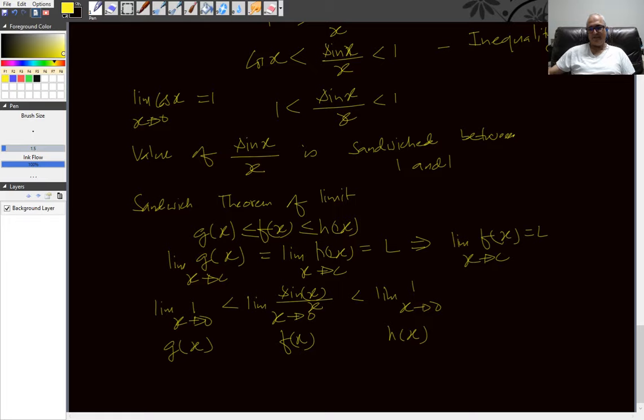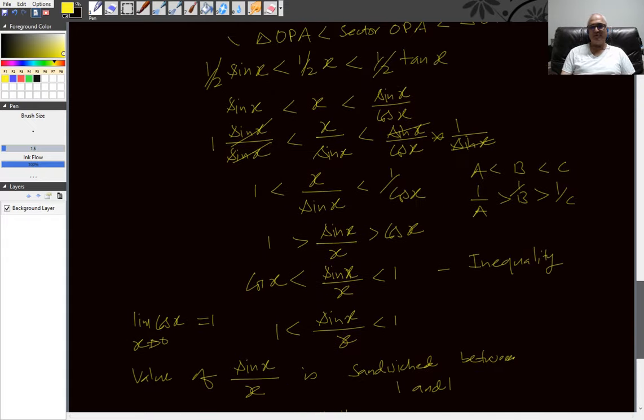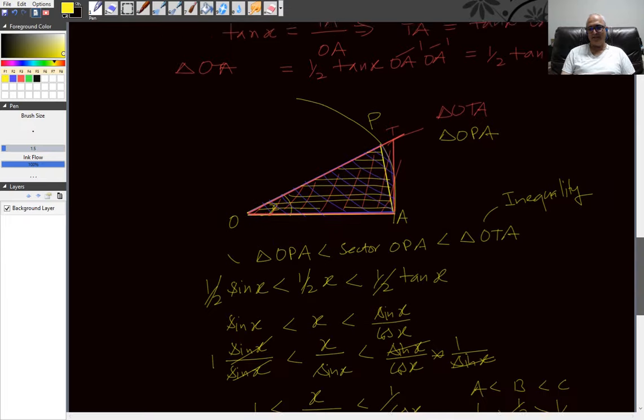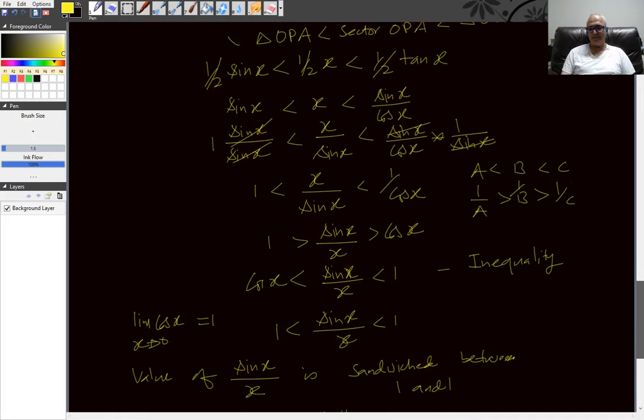So you know that the limit of a constant is a constant, so this shows that the limit of sin x by x is equal to 1. So the key concept of this is coming up with this inequality of this triangle, this sector, and this triangle, and going through these values.